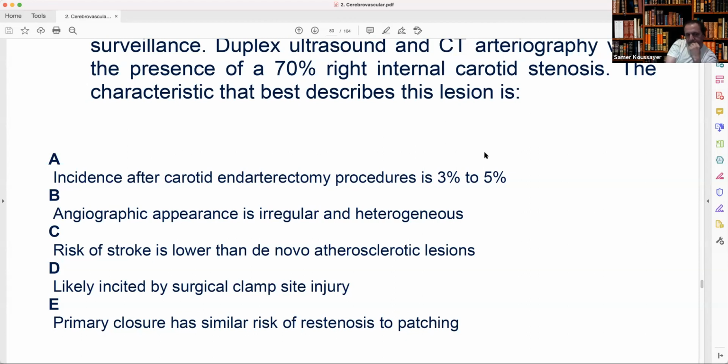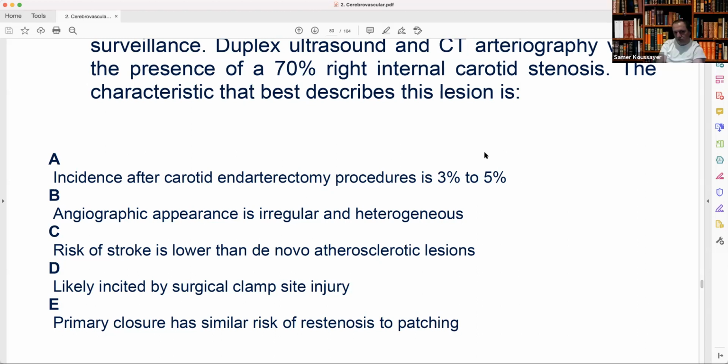Okay. Likely initiated by surgical clamp site injury. I don't think it's related to the... Can be. Yes, it can be. That's the reason why, when I finish the surgery after I remove the clamp, I always massage the common carotid artery. Some people put a vessel loop, tie it and then release it, so that this can cause an injury. So you really need to massage it. But the reason this answer is not right is that when you see restenosis in any surgery within 3 months, it is a technical issue.